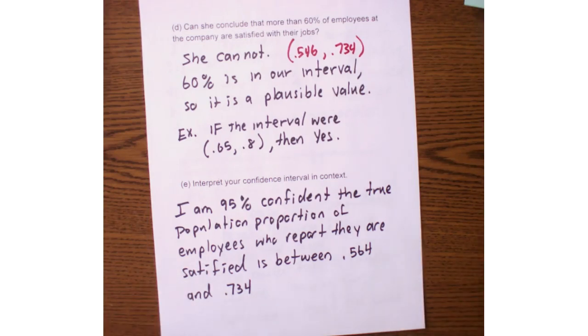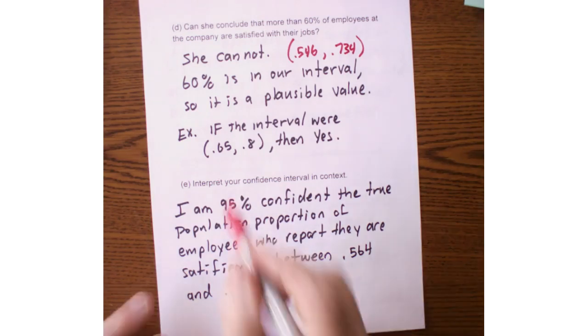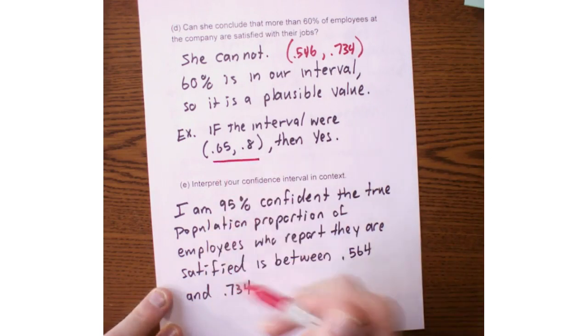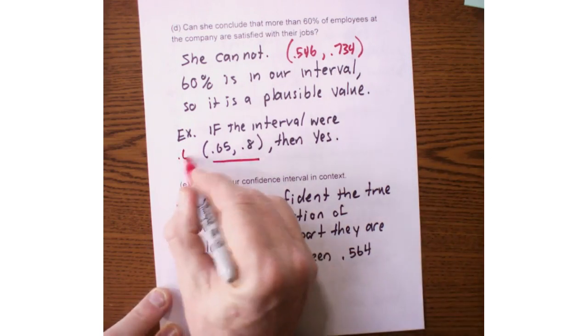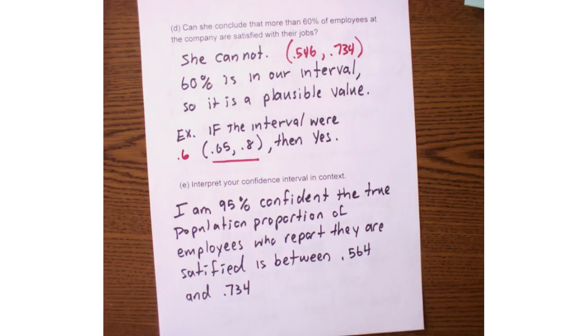Since 60% is inside the interval, it's a plausible value. For example, if our interval happened to be like this, which means 0.6 is outside of the interval, then we could say yes, our interval suggests that more than 60% of employees are satisfied with their job. But in this case, we cannot say that.